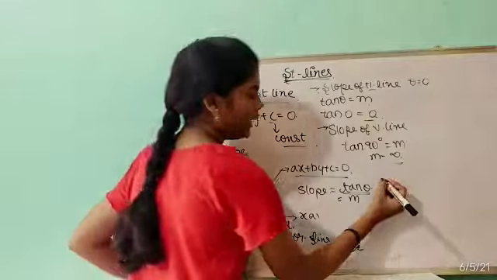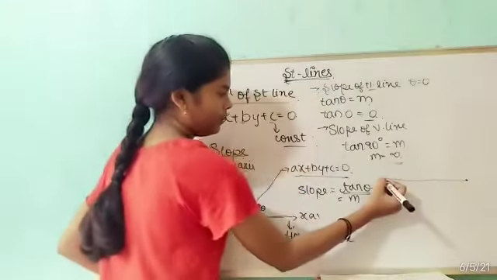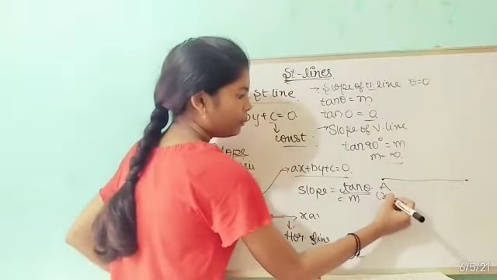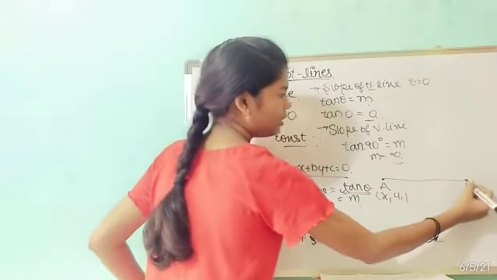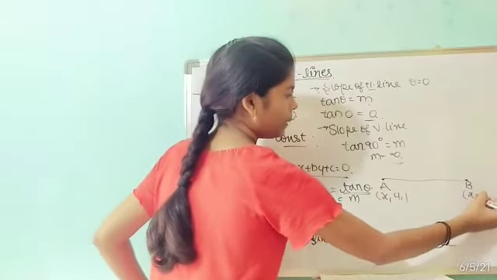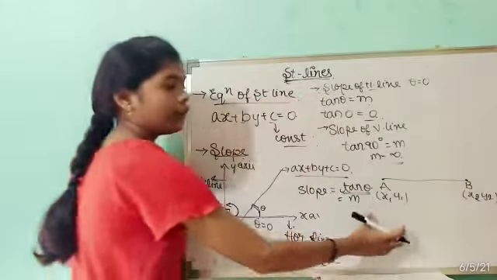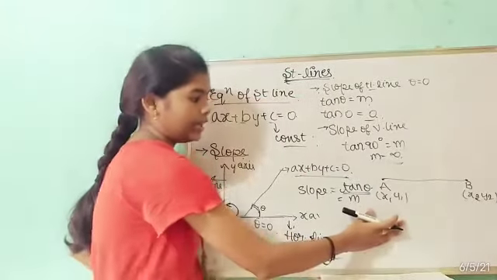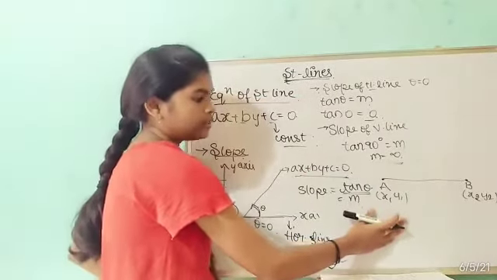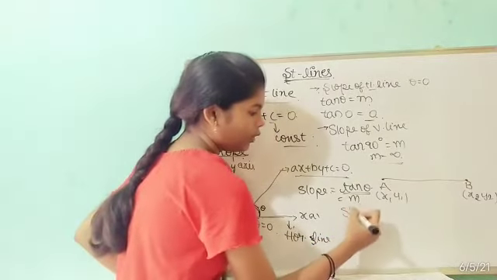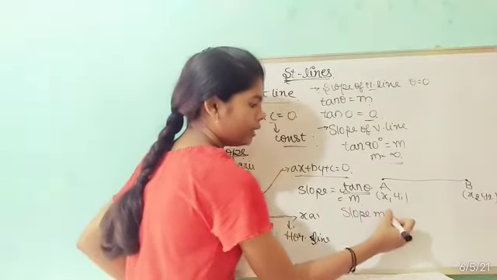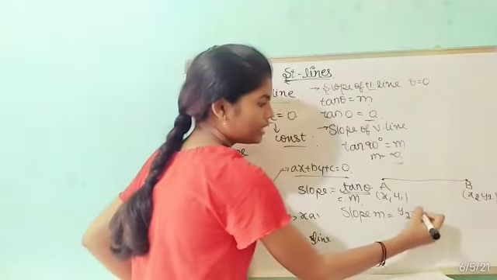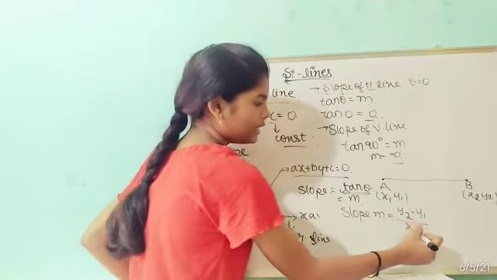Suppose we take a line with two points, x1 comma y1 and x2 comma y2. To find the slope of this line, the slope or gradient m will be y2 minus y1 by x2 minus x1.